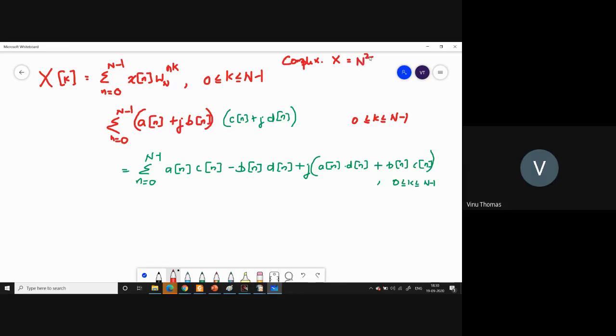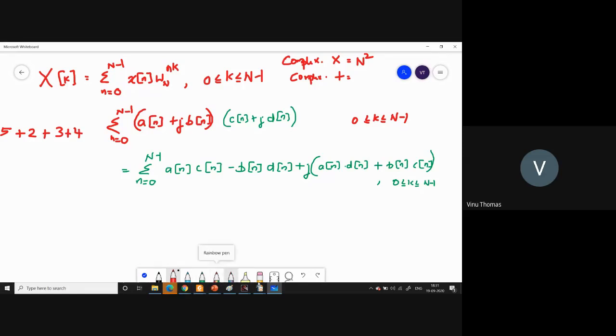Let us look at the number of complex additions. For this, you have n such terms. Now to add all these terms, you require n minus 1 additions. If you have two numbers, let's say 5 and 2, there is 1 plus sign. If you have 3 numbers, you have 2 plus signs. If you have 4 numbers, you have 3 plus signs.